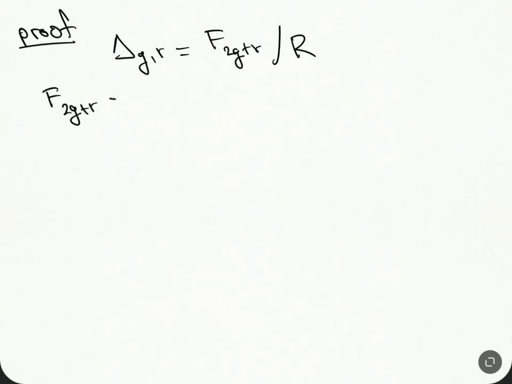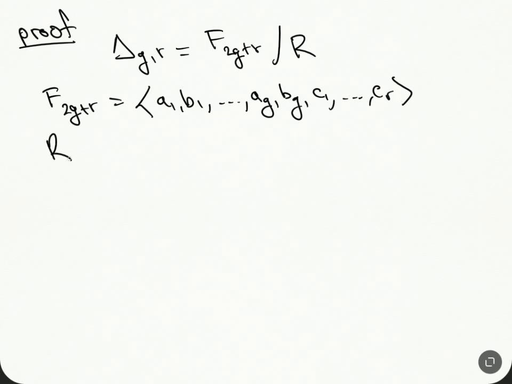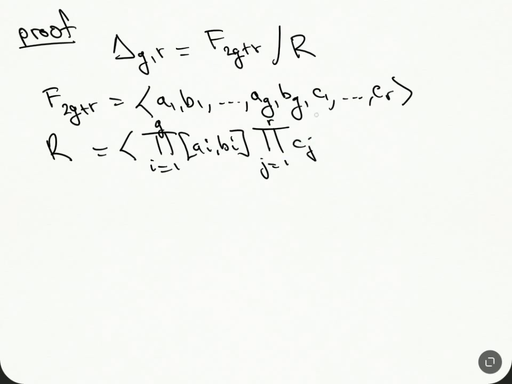This free group is generated by a_1, b_1 to a_g, b_g, and then c_1 to c_r, and the normal subgroup is generated by the single relation, the product of the commutators times the product from j = 1 up to r of c_j.